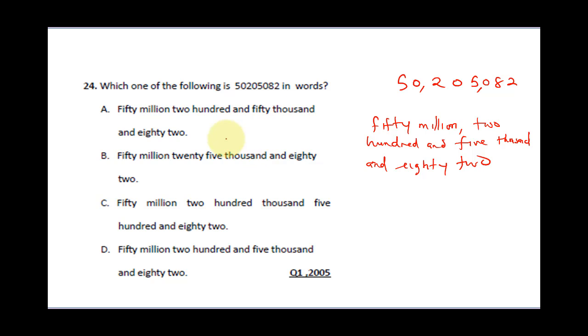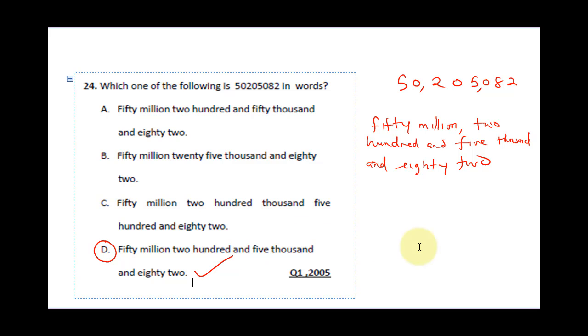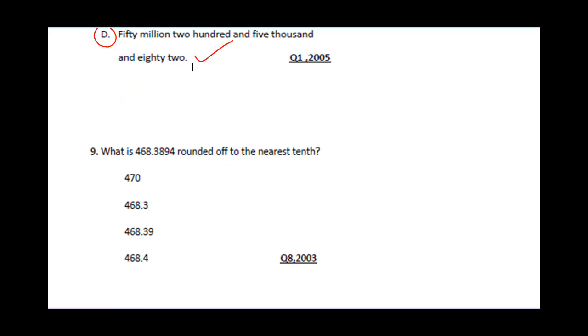No, this is wrong. 52 million 5,000. No, this is wrong. 52 million 200,000. No, this is wrong. 52 million 205,082. So our correct answer here is going to be D. Okay, so as easy as that, you can identify the number in words.